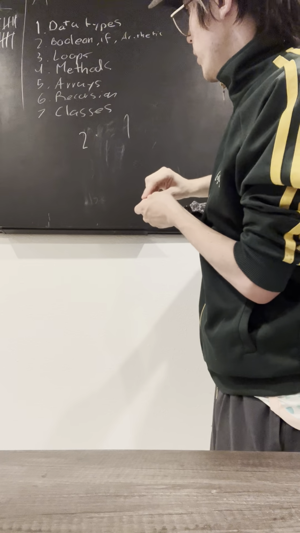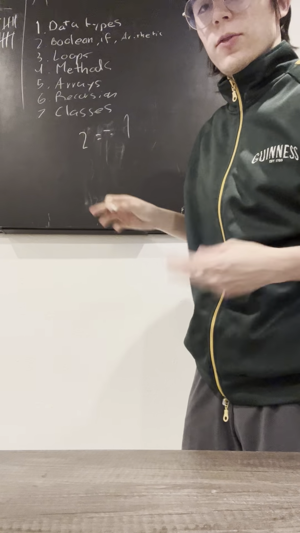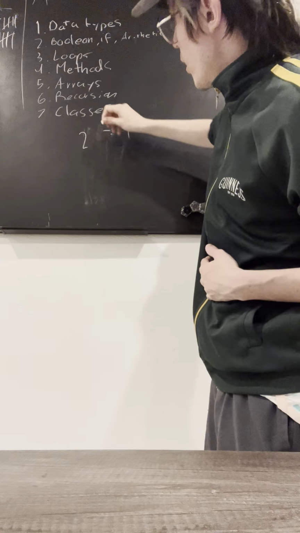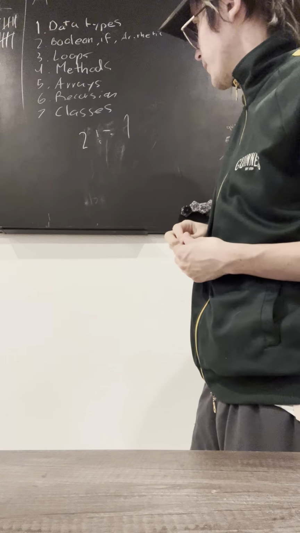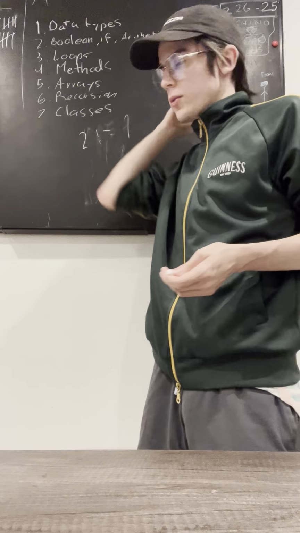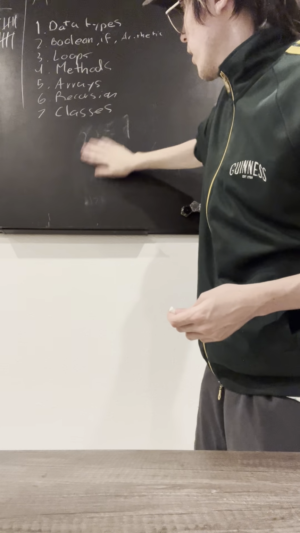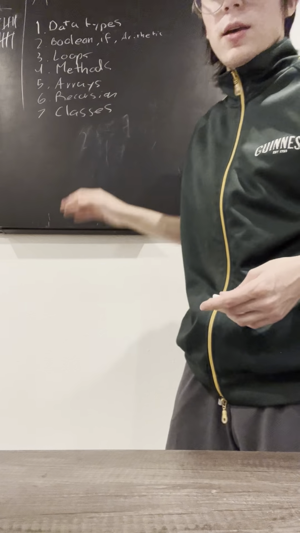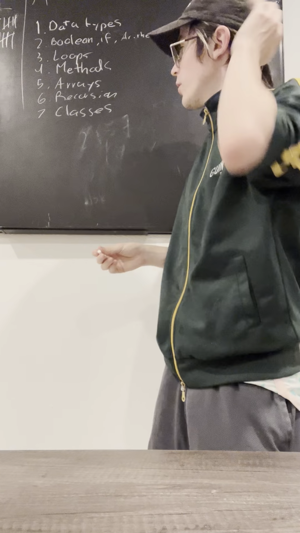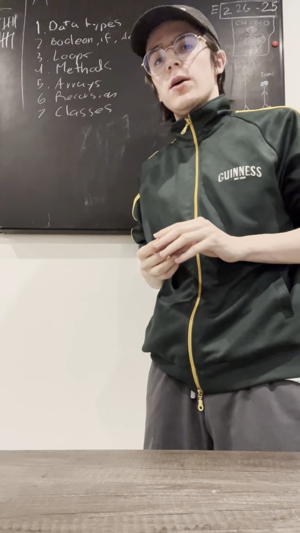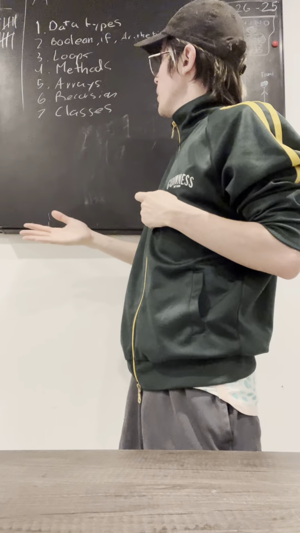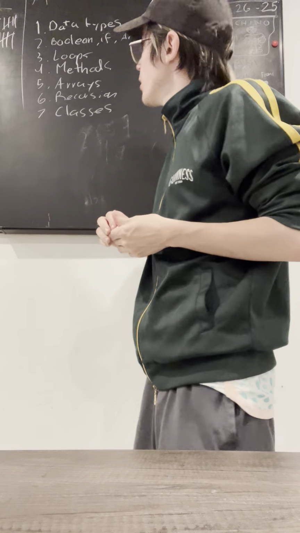We got also equals, that it's 2 equals, and not equal, that it's exclamation mark and an equals. And that's gonna give outputs Boolean types like true or false, and with those we go into the if statements to make them functional.